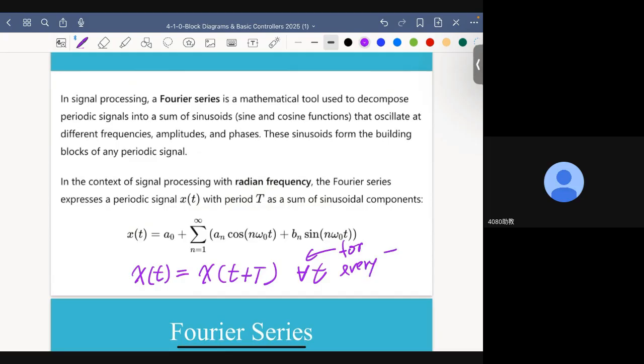Okay. I did not invent this sample, okay? It is a commonly used mathematical sample to represent periodical signals, all right?